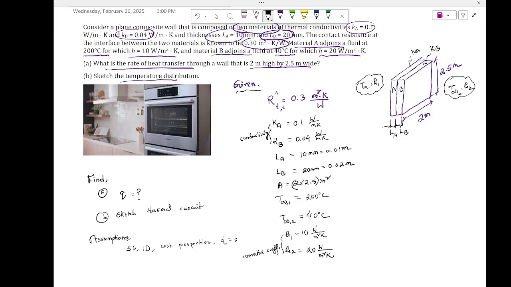And then this one is for the solid, and this one is for this solid. The R_B for what? L_B here. All right.